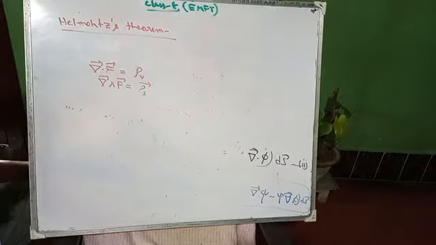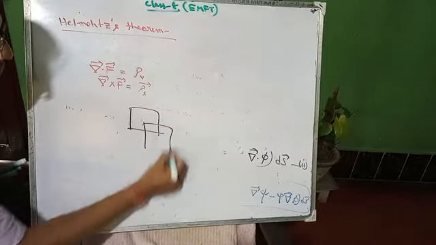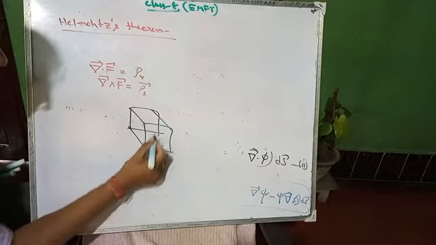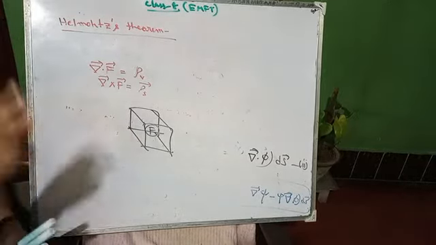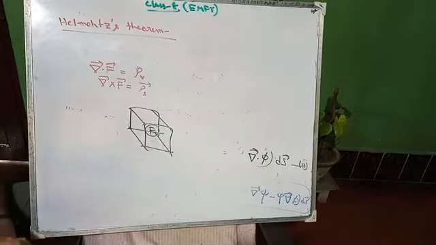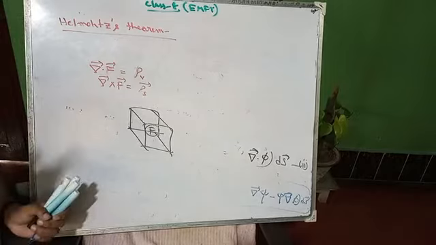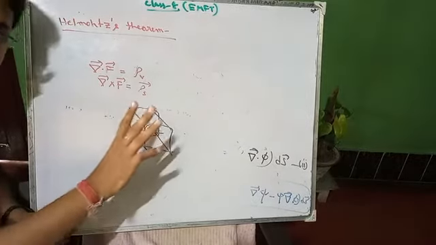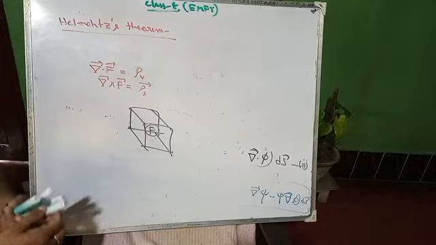So see what happened. Suppose this room contains a vector F. This vector has two types of effect. One is diverging and the second one is rotating. The first one is diverging in nature, so forces can be diverging. So what do we mean by diverging?